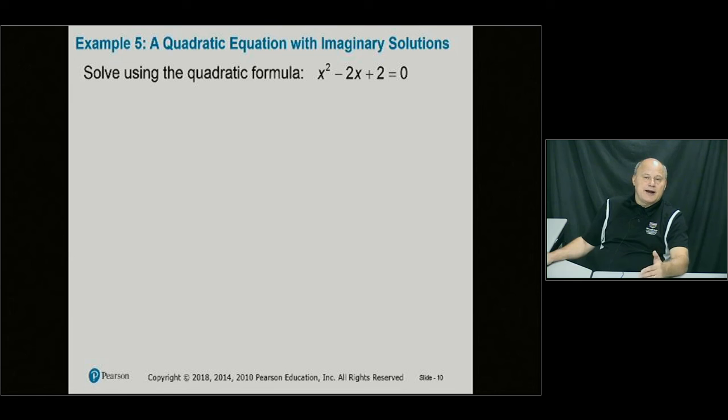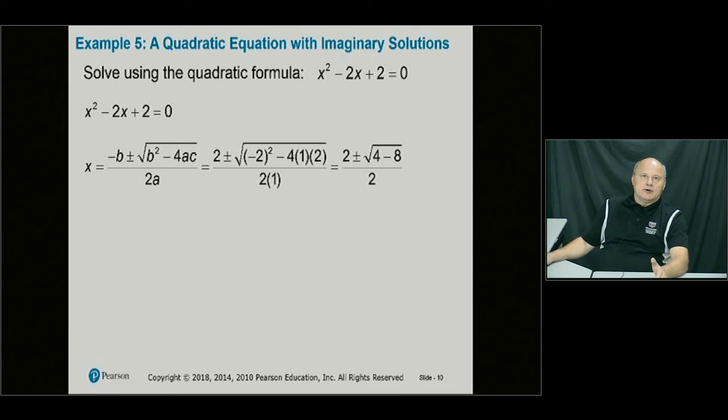Before I start writing that, can you look at the equation and tell me what the a, the b, and the c are? If you said a is 1, b is negative 2, and c is positive 2, you will be correct. Now, x is the opposite of b, plus or minus the square root of b squared minus 4ac, all over 2a.